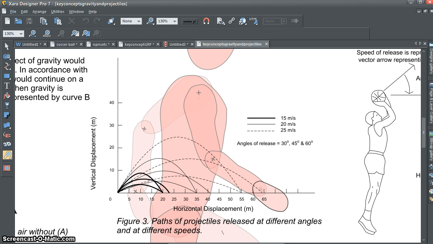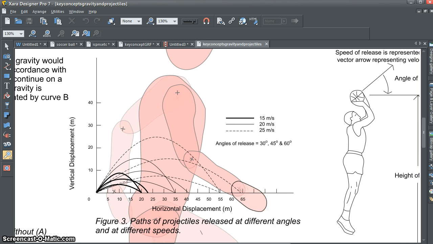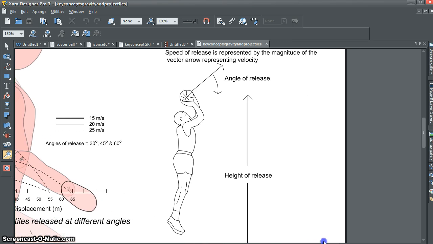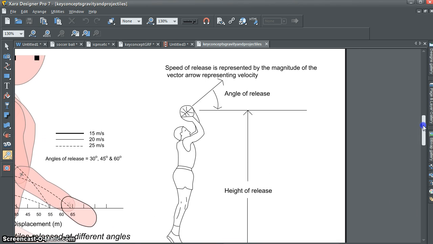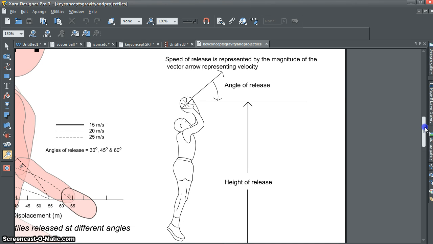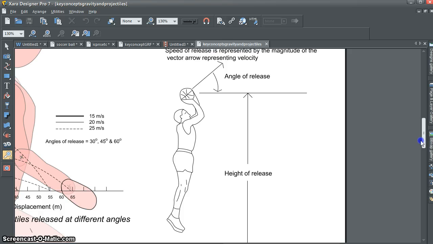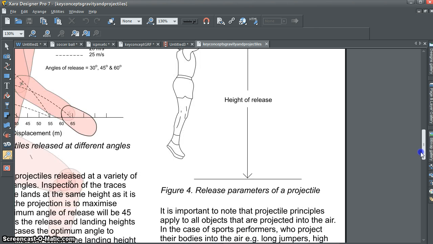The 45-degree optimal angle will vary for those activities where the aim is not to increase horizontal range, or where the object is being projected at a different height from which it will land, in which case the precise angle will need to take into account the height at which it's released, as shown on this diagram, as well as the angle of release.